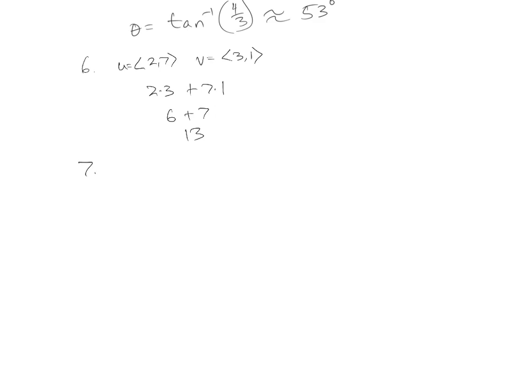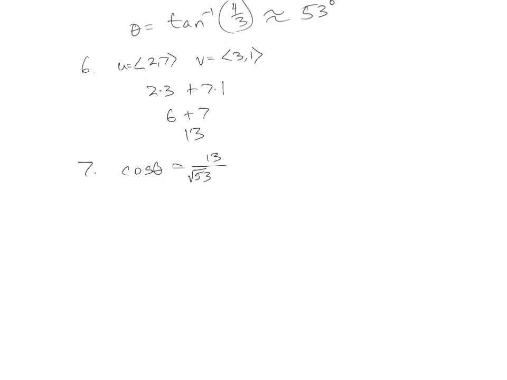Number 7, use those same vectors. Find the angle between the two vectors. So the cosine of theta is equal to the dot product over the magnitudes of these two vectors. The magnitude of <2, 7> was the square root of 4 plus 49, the square root of 53. We just did that on the previous page.